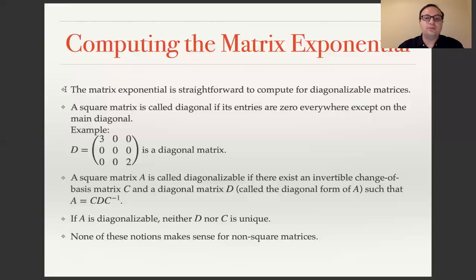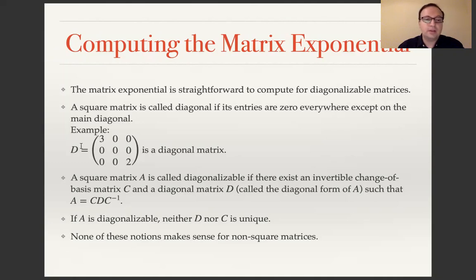So how does one compute the matrix exponential? There is a very straightforward method to compute it for diagonalizable matrices. But in order to use it, we need to bring the matrix to its diagonal form. So what is a diagonal matrix first, and then what is a diagonalizable matrix? A square matrix is called diagonal if all its entries except on the main diagonal are 0. And on the main diagonal, they can be 0 or non-zero.